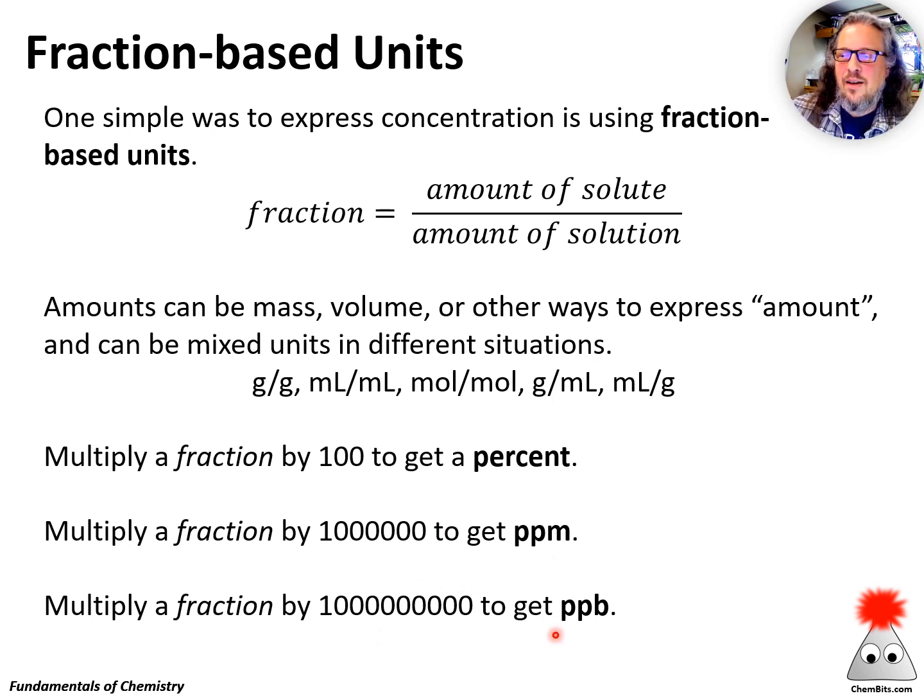If I've got something that is a part per billion and I just express it as its regular fraction, there are going to be a whole bunch of zeros in front of my digits of information, and in transcribing and communicating those, I might accidentally drop a zero or add a zero, which could lead to some big problems, depending what we're talking about the concentration of. So part per million, part per billion, percent, or just straight up fraction are all really the same unit. It's just a matter of scaling it so that you get a number that is a little bit easier to read and communicate.